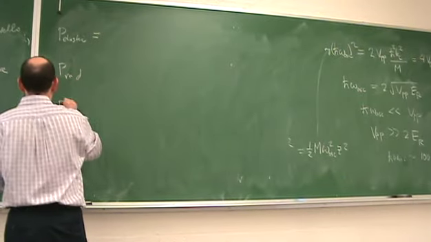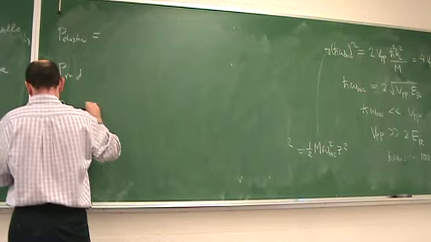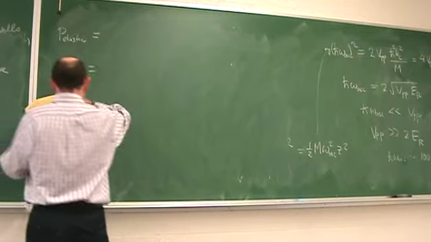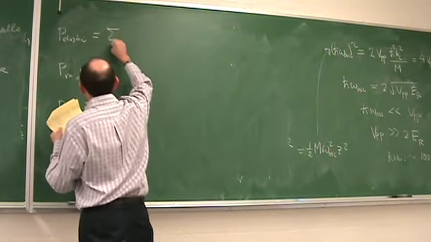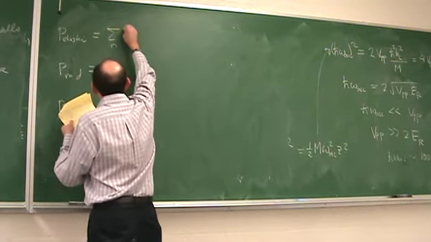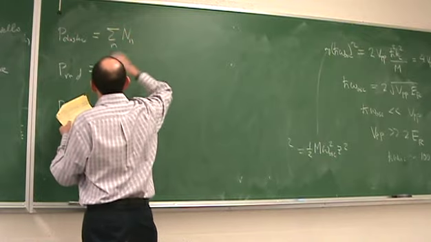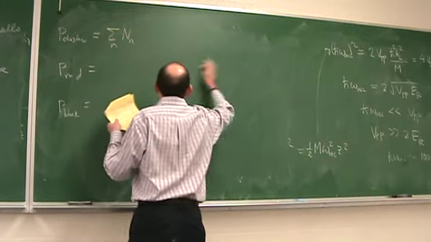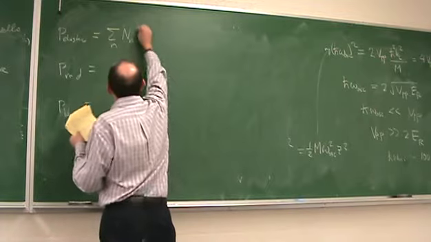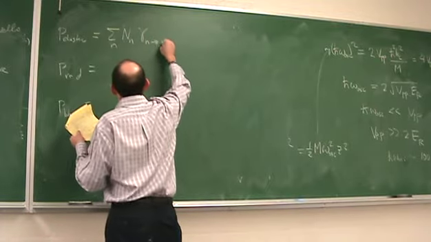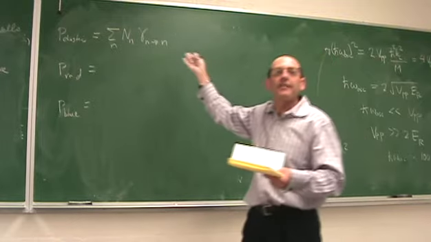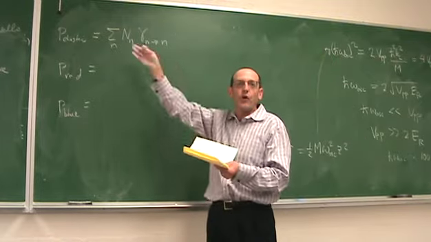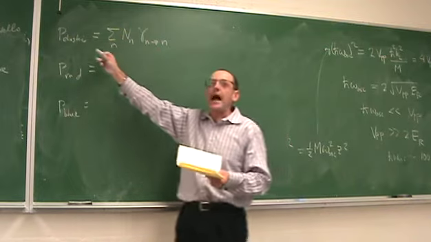We have power in the first blue sideband. And that power is going to be the sum over all the levels that are occupied, the number of atoms, or the fraction of the population that's in that level, times the rate to go back to where it started, times h bar omega, that's the power. It's the rate at which I'm scattering back to where I started.